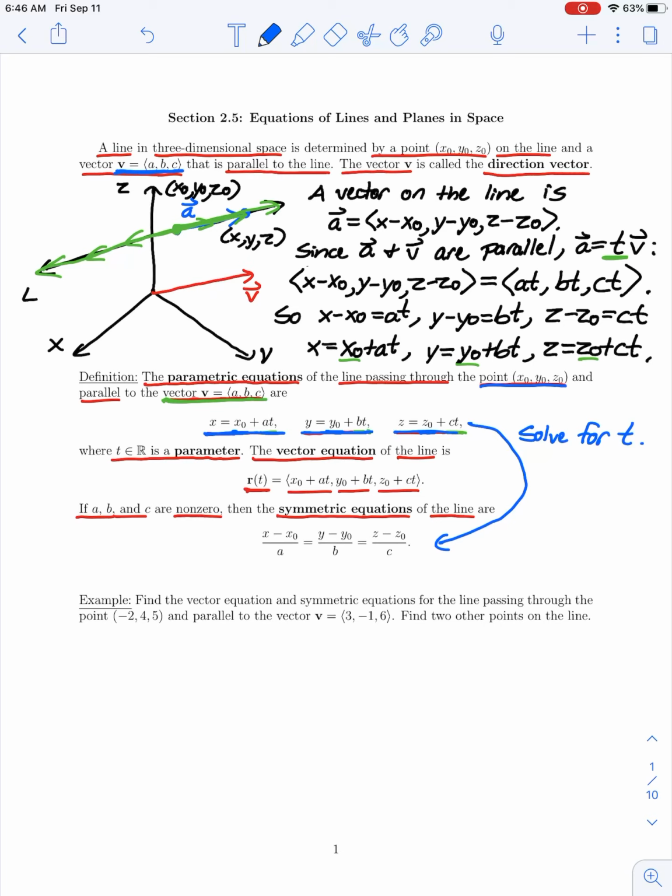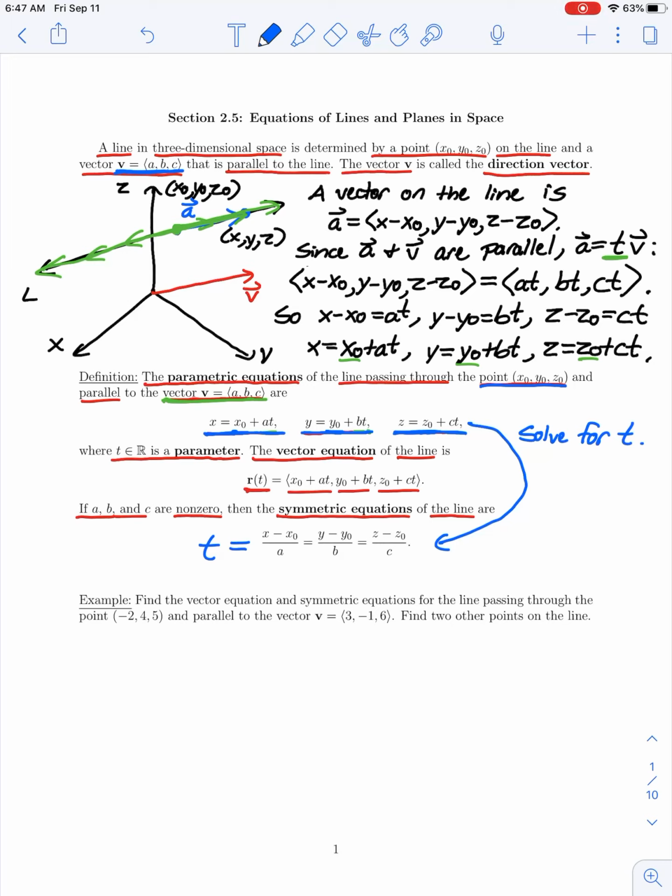And if I solve my third parametric equation for t, I would have z minus z naught all over c. So our parameter t is equal to any of these three expressions, so they must all be equal to one another. This form of the equations for the line is called the symmetric equations of that line.